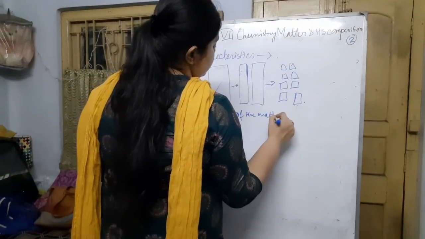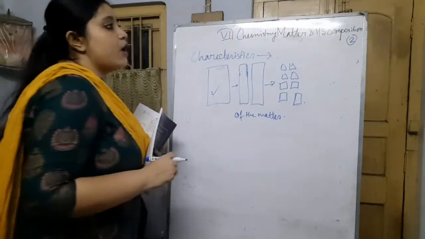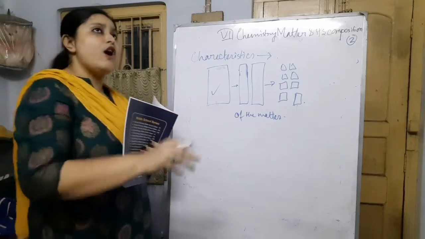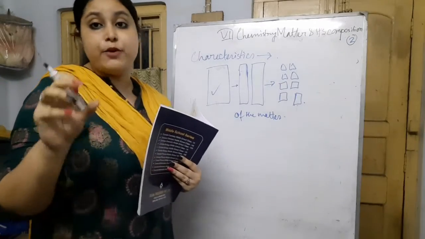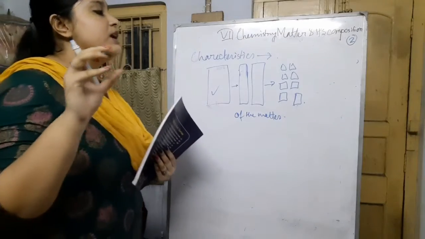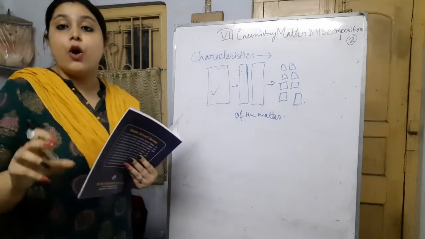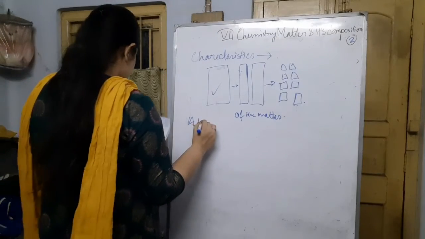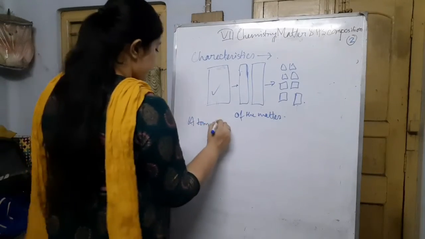So matter is composed of small tiny units, and every unit has the same properties as the bigger one. These small tiny particles are called atoms. So what is the definition of an atom?